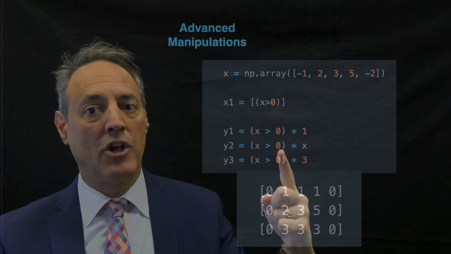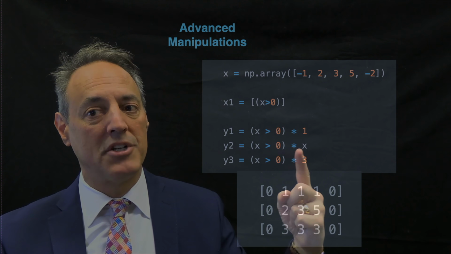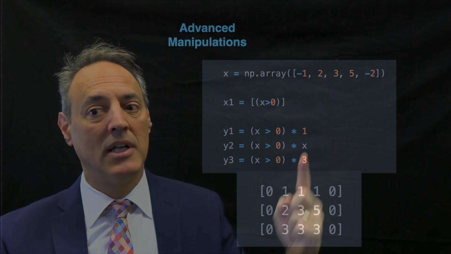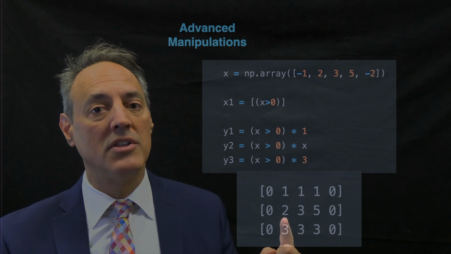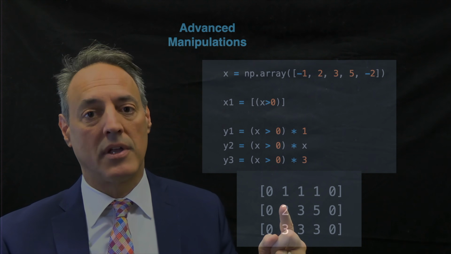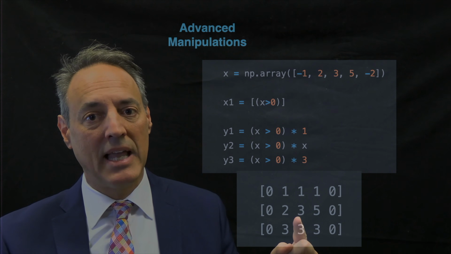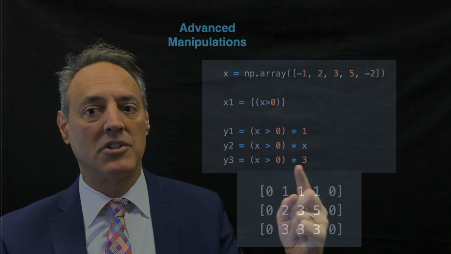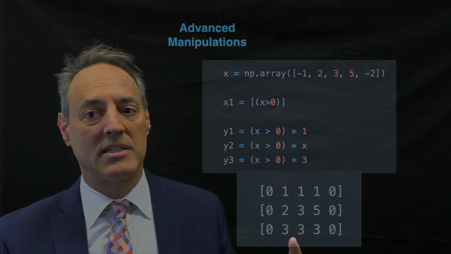Okay? But I can also take this same operation, multiply by x, and so what it's going to do is multiply back through by this vector, and I just get all the non-zero components out, or sort of the positive components out. The negatives are dropped, or they become 0. Or this third one, I can just take this thing, multiply by 3, and I get something like this.